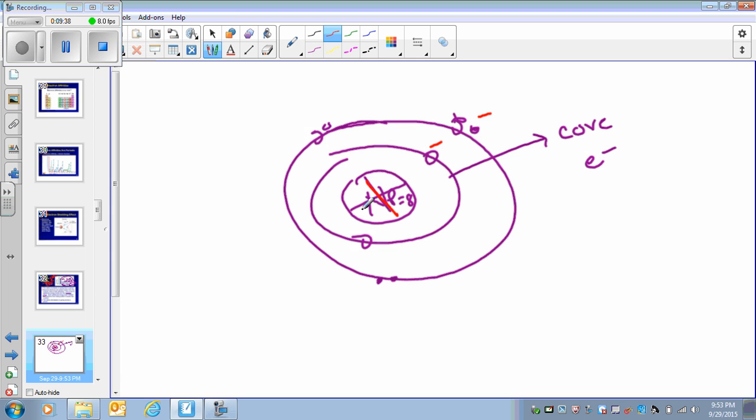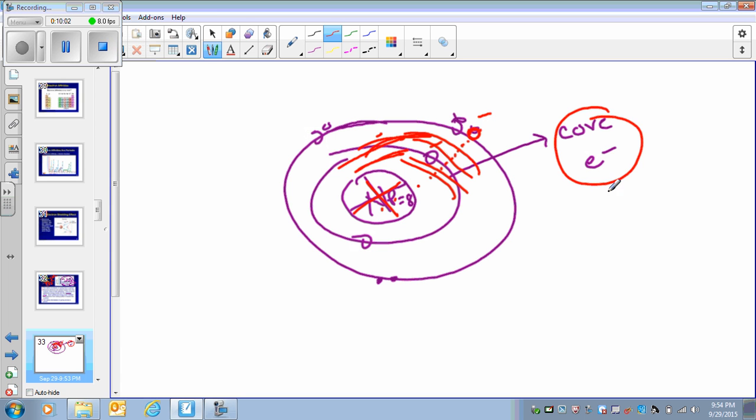It is trying to attract the valence electrons sitting right here. But the more electrons you have in between the nucleus and the outermost energy level, the less the effect will be, because that attraction will be balanced out by the inner electrons that are between the nucleus and the outermost energy level.